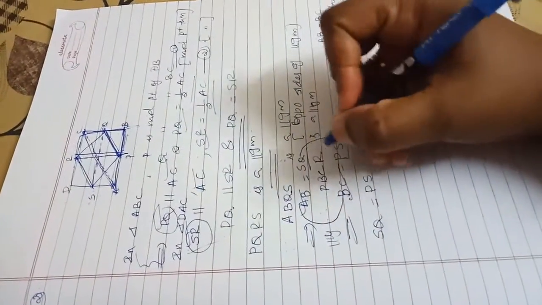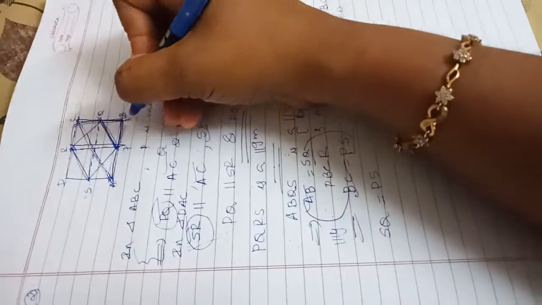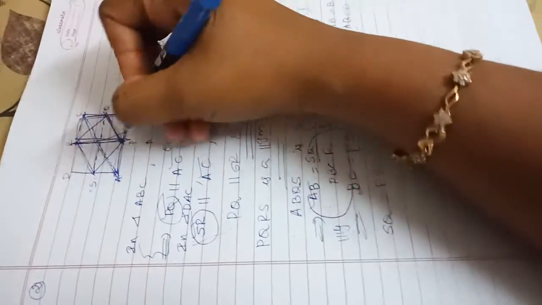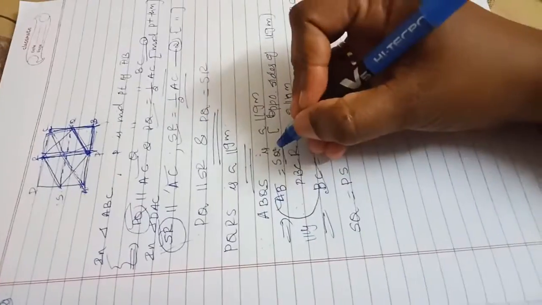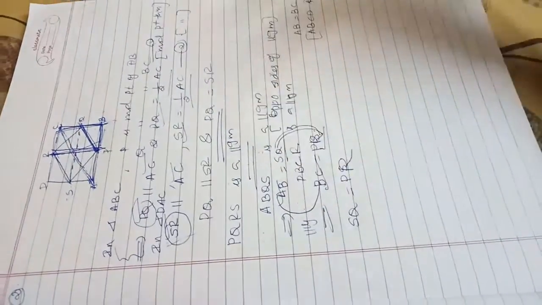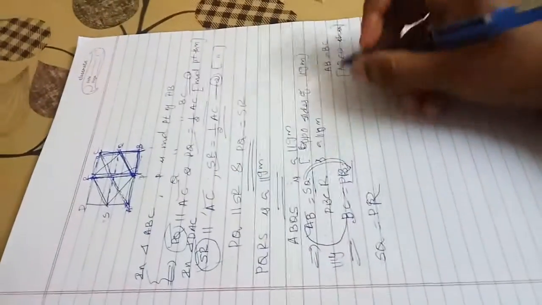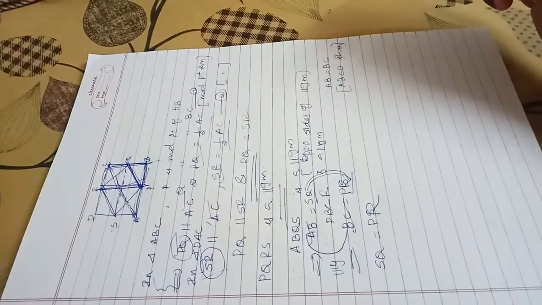Sorry, one mistake: BC is equal to the opposite side PR, not PS. So SQ is equal to PR, written here because we know that AB is equal to BC.